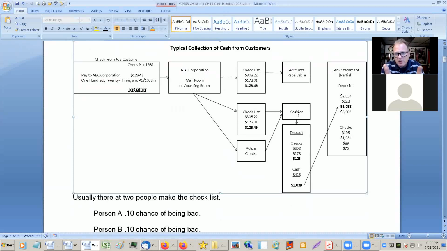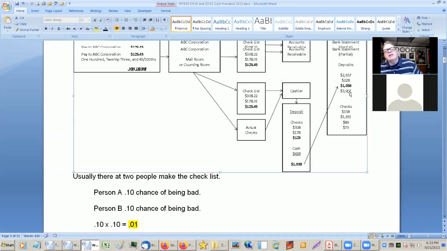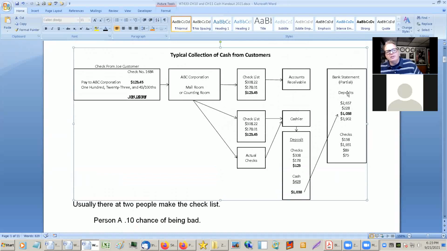Now, all the checks will go in there with the deposit for the day, and they will go into the bank, and they should go intact daily. What I mean by that is the deposit every day should match up with what's in the bank. So we can look for this 1,038 when we get our bank statement. It'll say deposit 1,038. So these are the controls that we have.